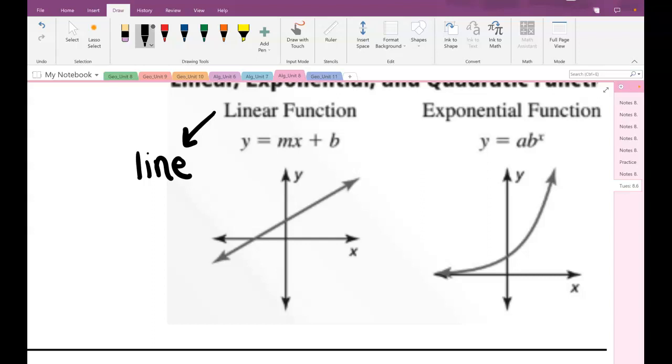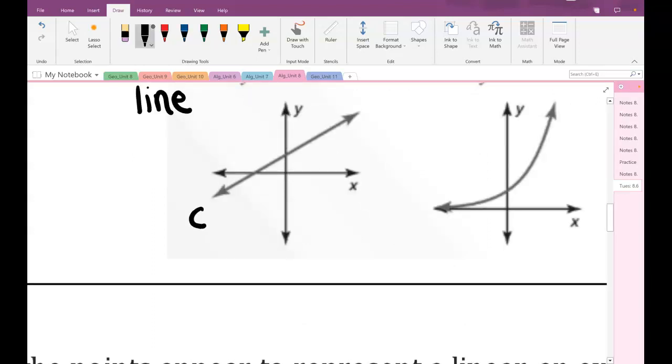Where m is our slope, b is our y-intercept. And what makes this a linear line, a big characteristic that we're going to look for today as we practice, is what we called a constant rate of change.